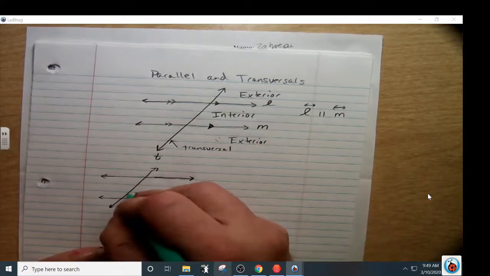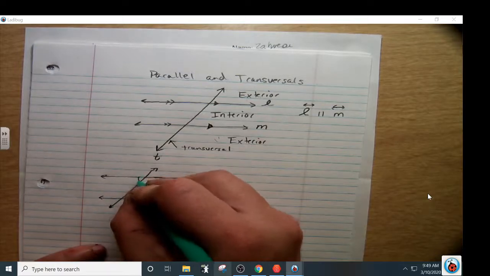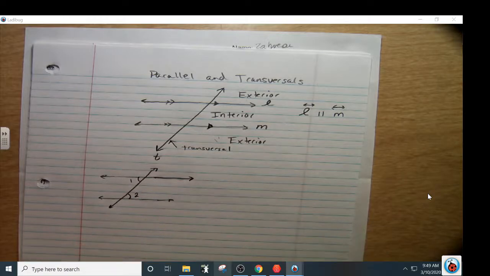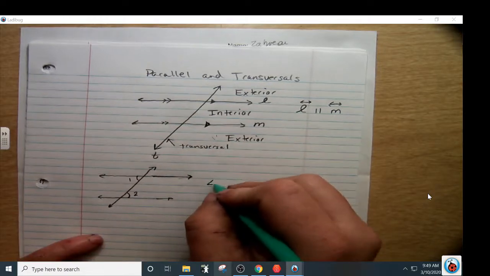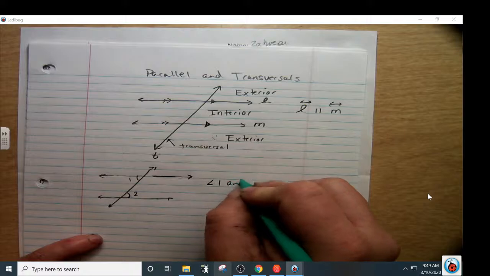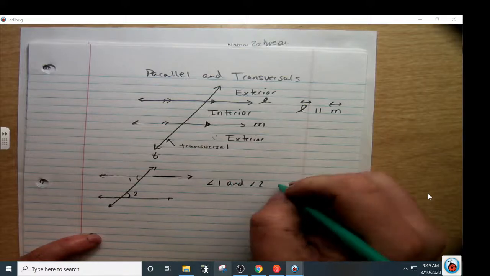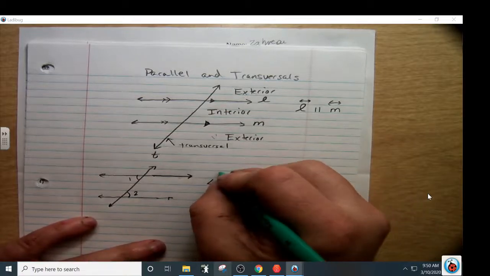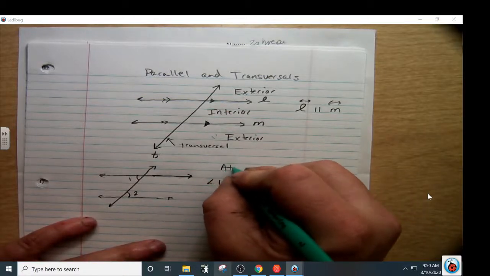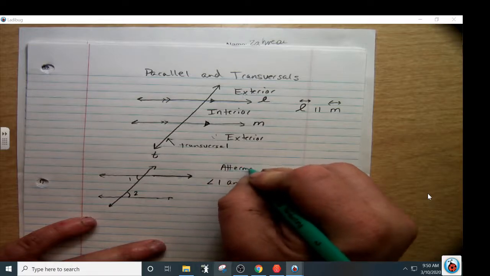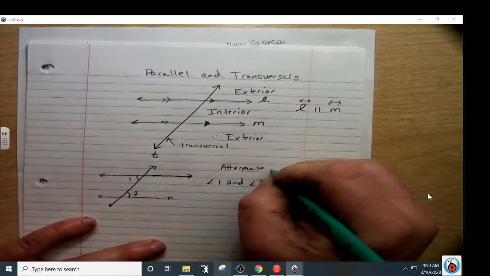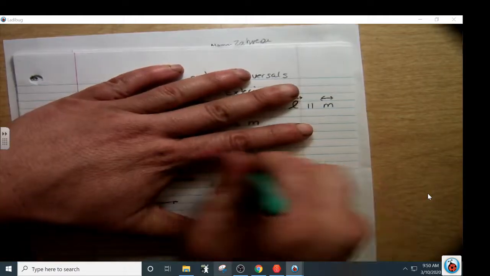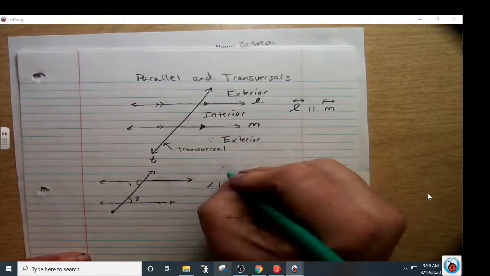Angle 1 and angle 2 are known to be alternate. Are they going to be interior angles or exterior? They're going to be interior. So those are known as alternate.